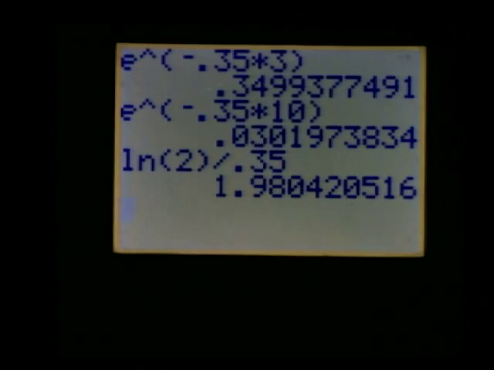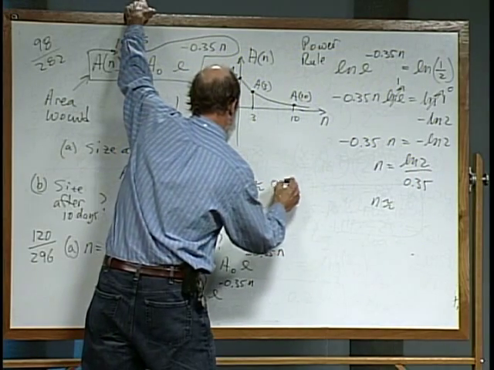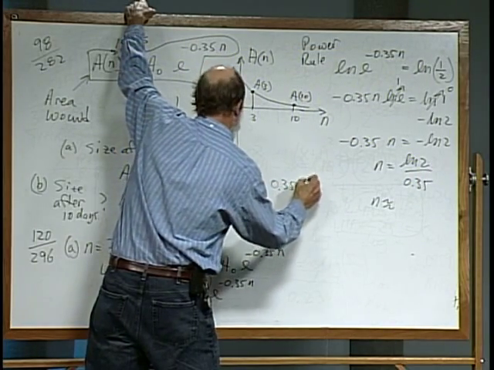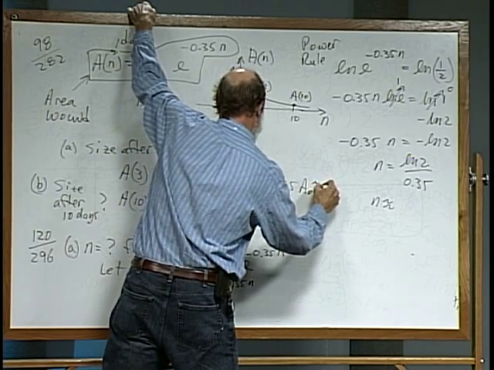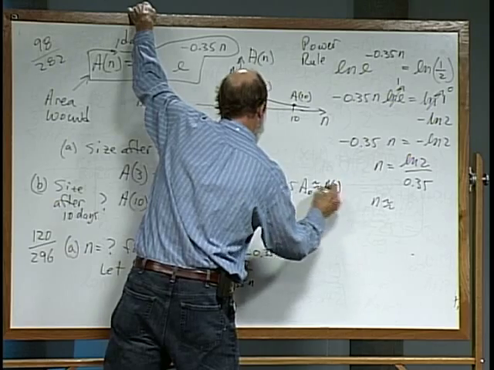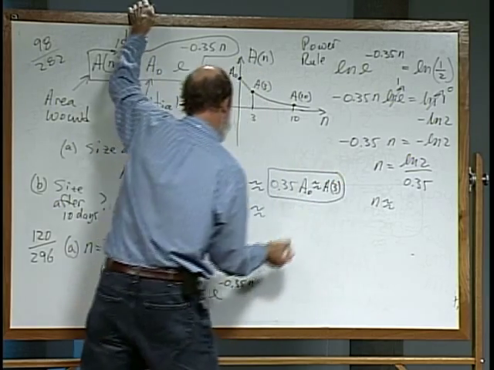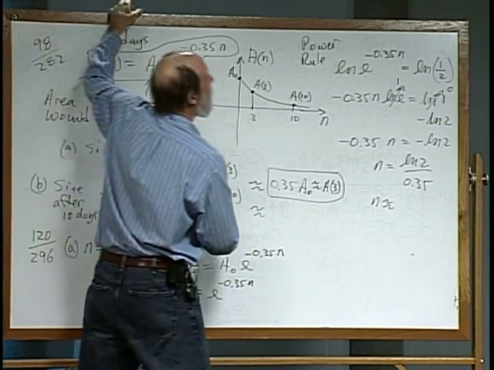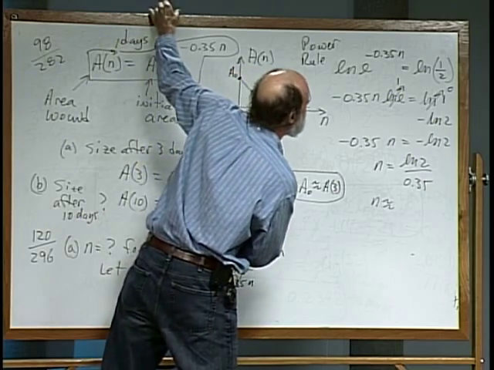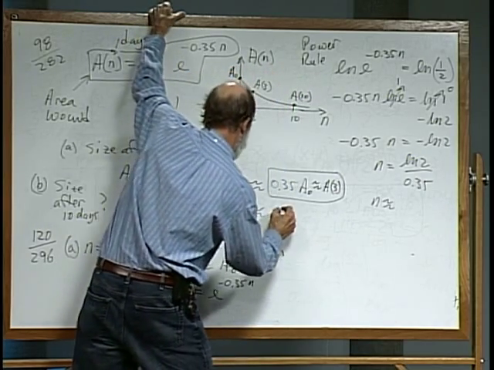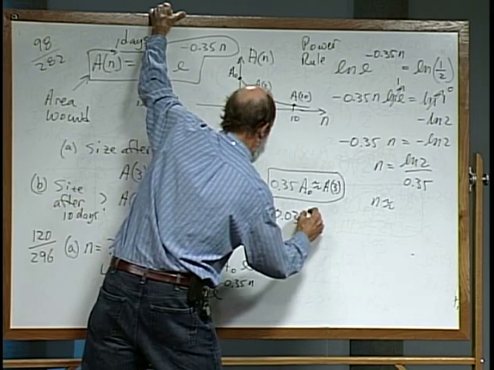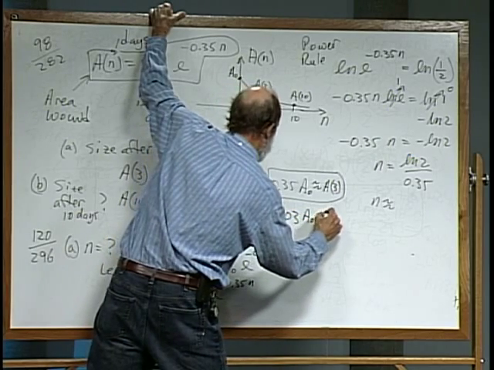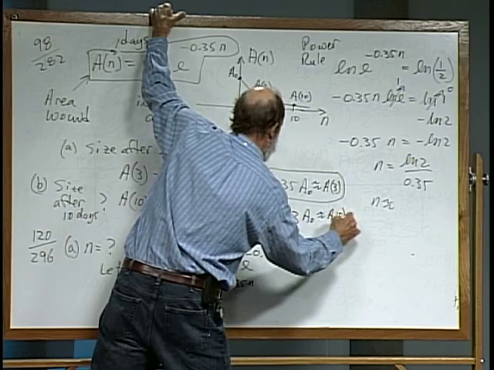We get 0.35 A naught for the wound size after 3 days. And the other one was after 10 days, 0.03 A naught after 10 days.